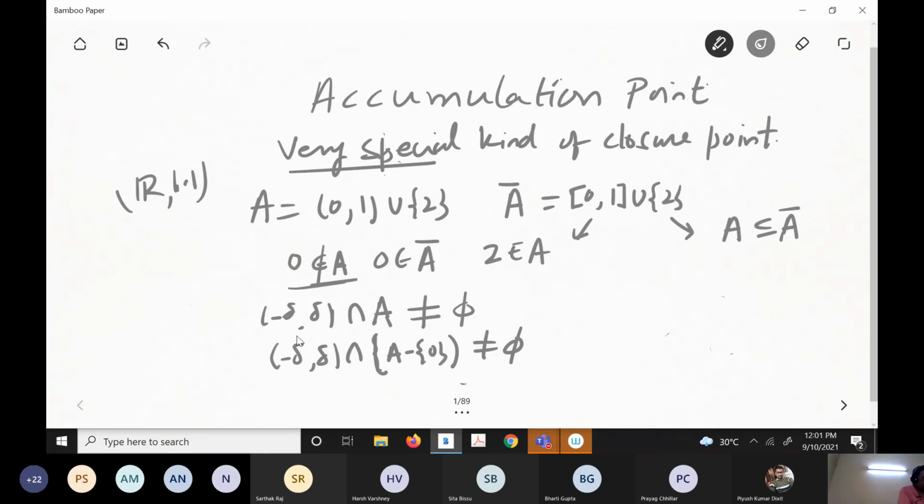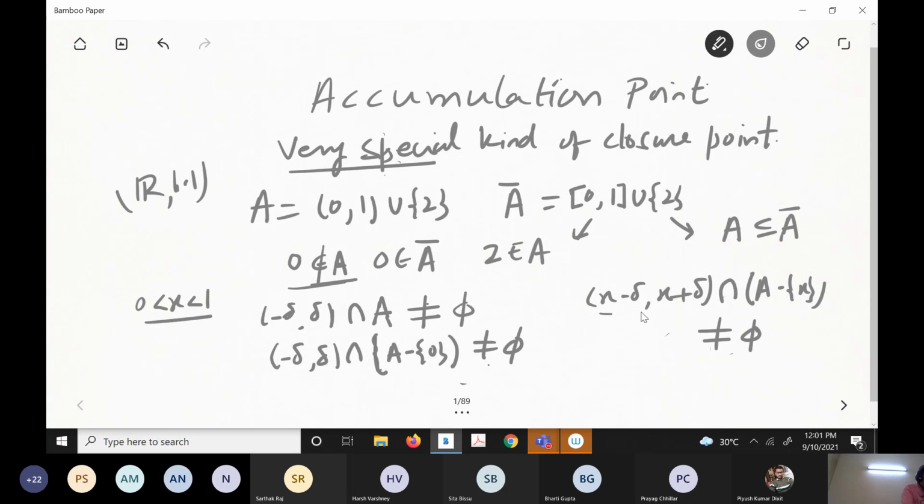That means any neighborhood of 0 contains a point of A, even though 0 is not in A. It contains points other than 0. This is true for any other point here. Even if you take 0 less than x less than 1, the interval x minus delta to x plus delta, its intersection with A minus x is not empty.